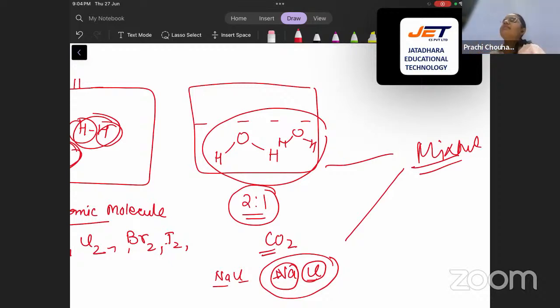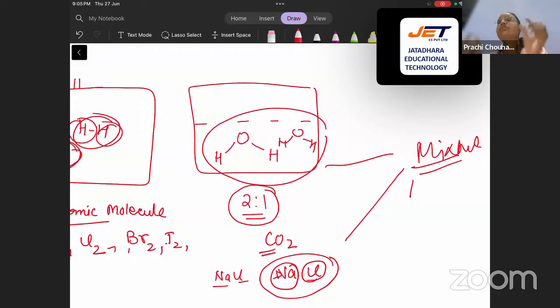They can be mixed in any proportion. It can be 2:1, 3:1, 2:3, 1:4, 3:4. So the proportion can vary in a mixture, right? Here we are taking two or more pure substances and mixing them together.